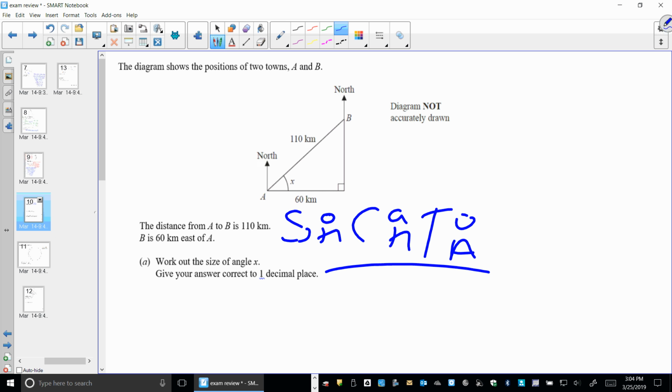Why can we use SOHCAHTOA here? Right. We're looking for an angle and we have two sides. But more specifically, why can you do SOHCAHTOA and not just sine or cosine?